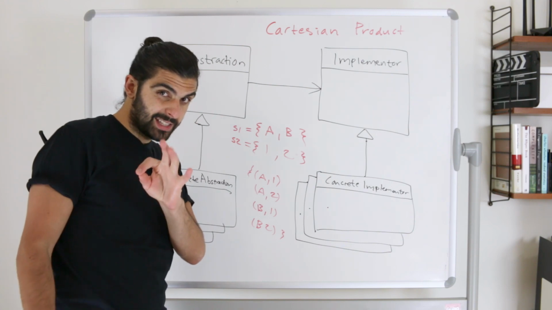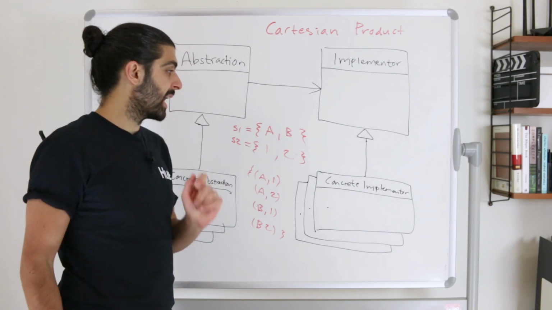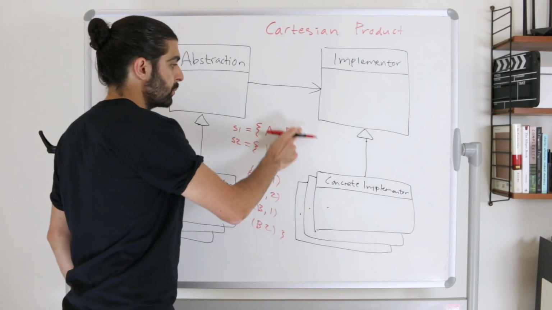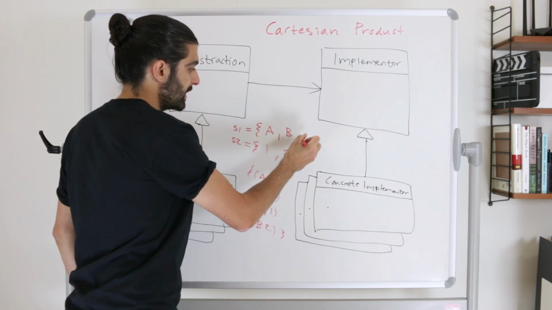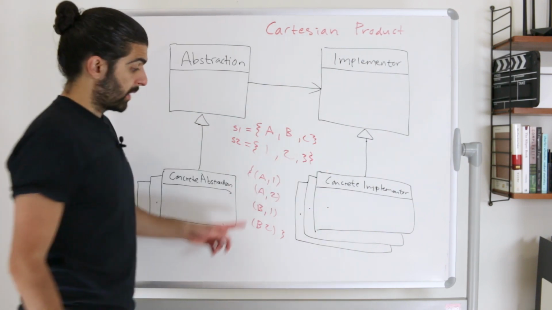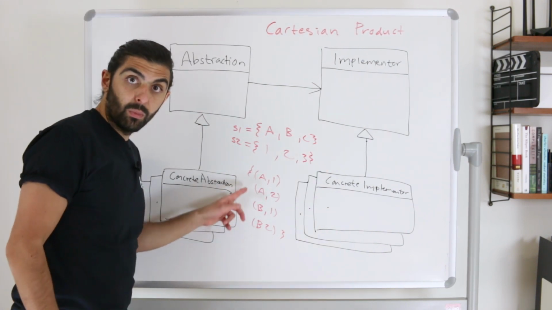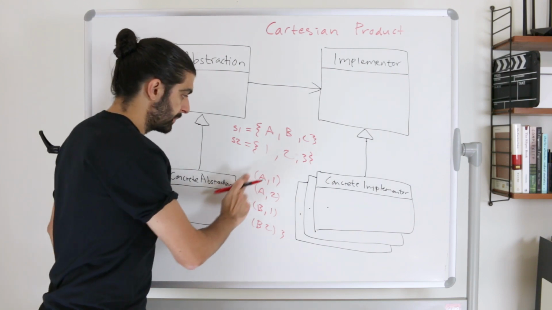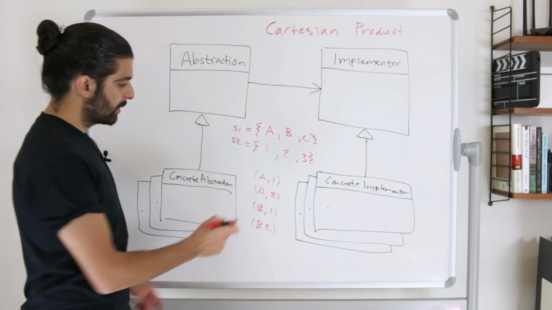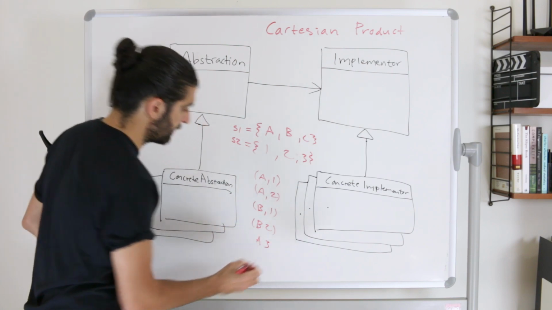The reason I'm saying this is, think about this. What would happen if we added another element into both of the sets? What if set 1 contained A, B, C and set 2 contained 1, 2, 3? Okay, now we had to add a lot more stuff to the Cartesian product here. Now, it's not just enough to have A1 and A2, now we also need to have A3.